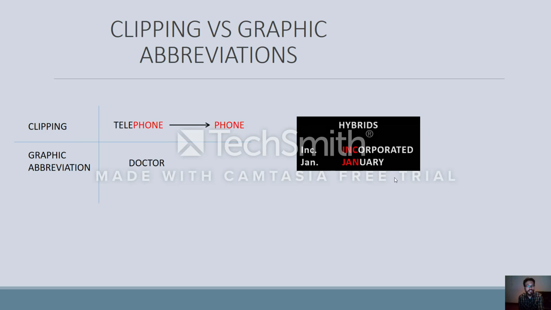For example, if we have the word doctor as the beginning, the graphic abbreviation is DR. But if you find the letters DR in a letter or an email, for example, you don't read it as DR. You always say doctor. For example, Mr. The graphic abbreviation is MR, but you don't read MR. You say Mister as well.